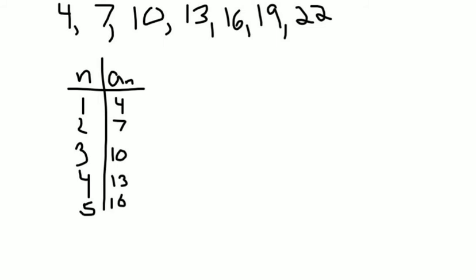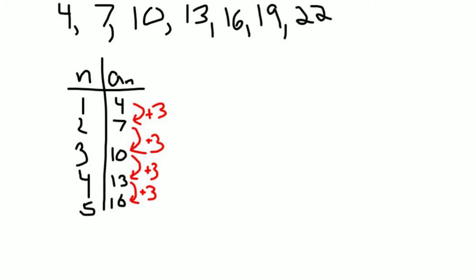And again, hopefully you've already found a pattern, but let's put it in here because it's going to help us later. So in order to get to 7, you increase by 3. So 4 plus 3 is 7, then plus 3 is 10, plus 3 is 13, plus 3 is 16. And the fact that the terms of the sequence are constantly increasing by 3 means that this sequence has a common difference.